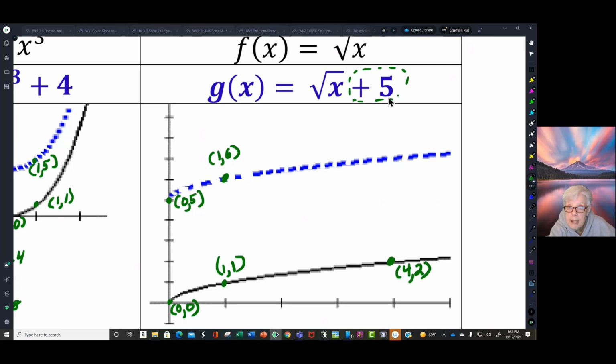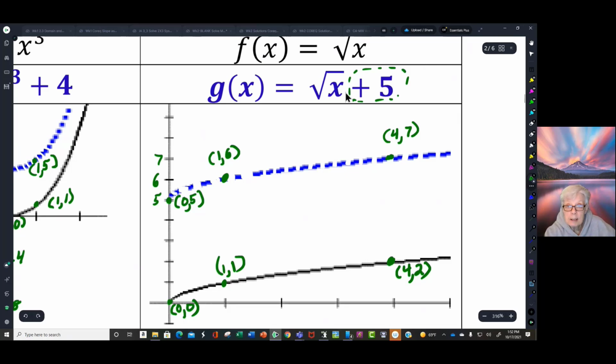And this is the point, if we add 5 to 2, we should get 7. So this is 5, this is 6, this is 7. Yes, indeed. This is the point 4, 7.